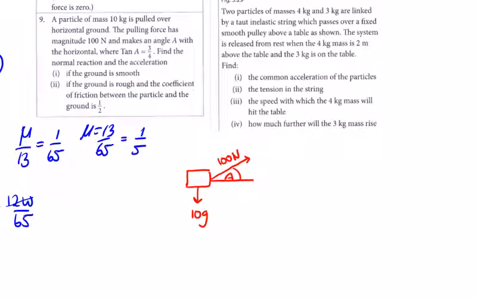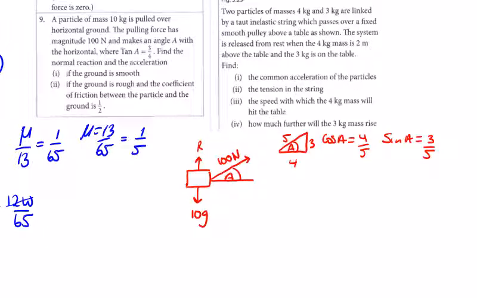And then I'll need to get, if we have tan A is 3/4, opposite over adjacent, we can say that cos A is 4/5 and sine A is 3/5. I have my reaction going this way, and do we have mu involved in this question?